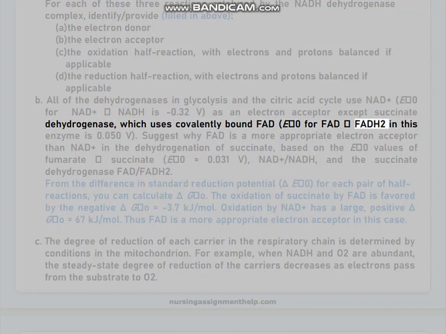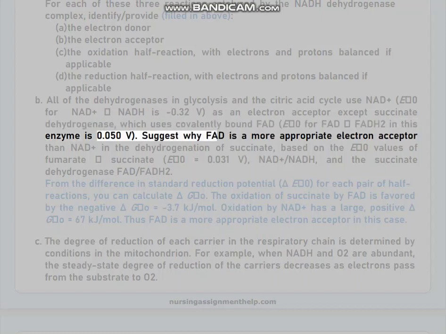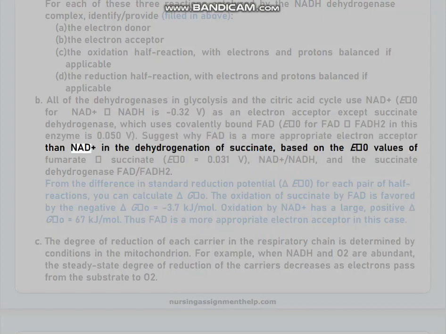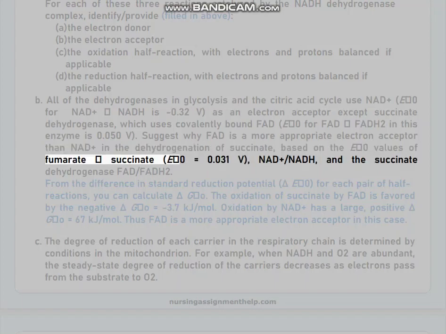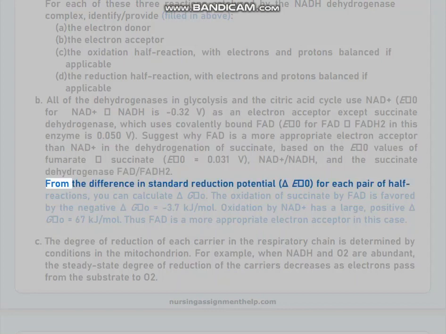E0 for FAD/FADH2 in this enzyme is 0.050 V. Suggest why FAD is a more appropriate electron acceptor than NAD+ in the dehydrogenation of succinate, based on the E0 values of fumarate/succinate, E0 equals 0.031 V, NAD+/NADH, and the succinate dehydrogenase FAD/FADH2.